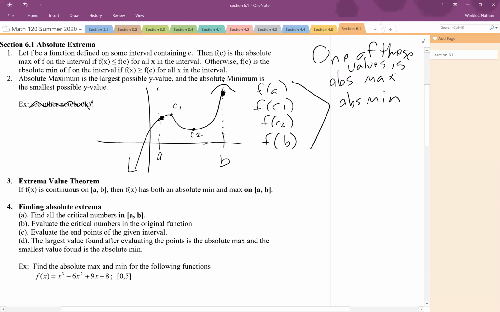We could have more than one absolute max and absolute min, but what that really means is they're the same y value and therefore could be multiple things there.